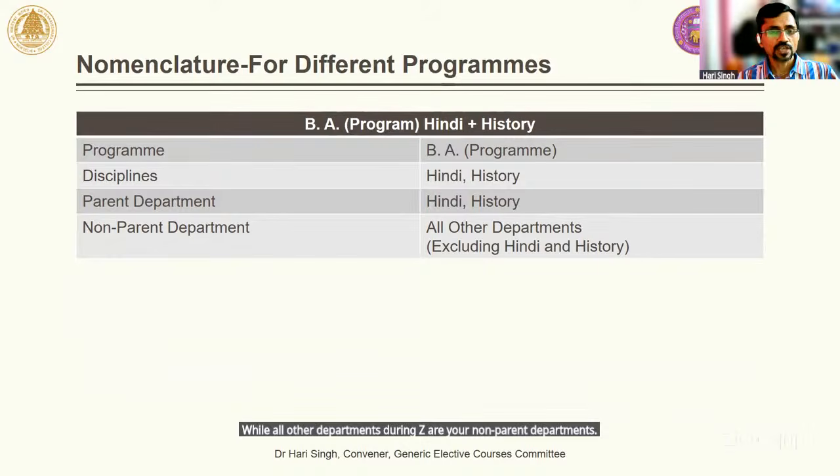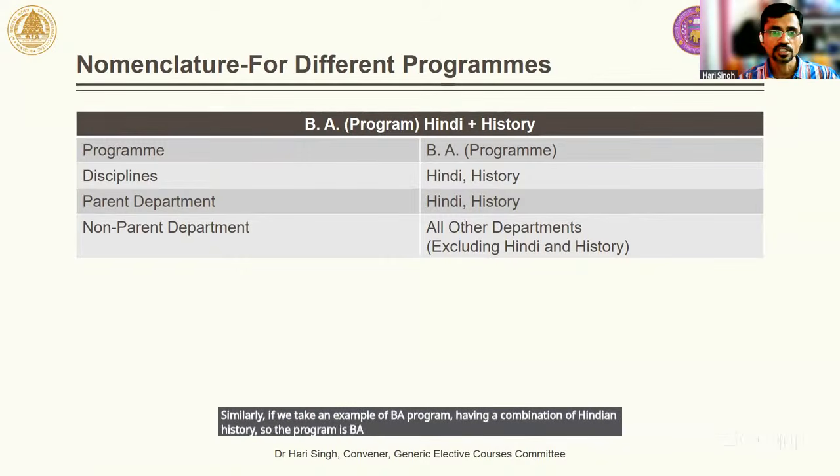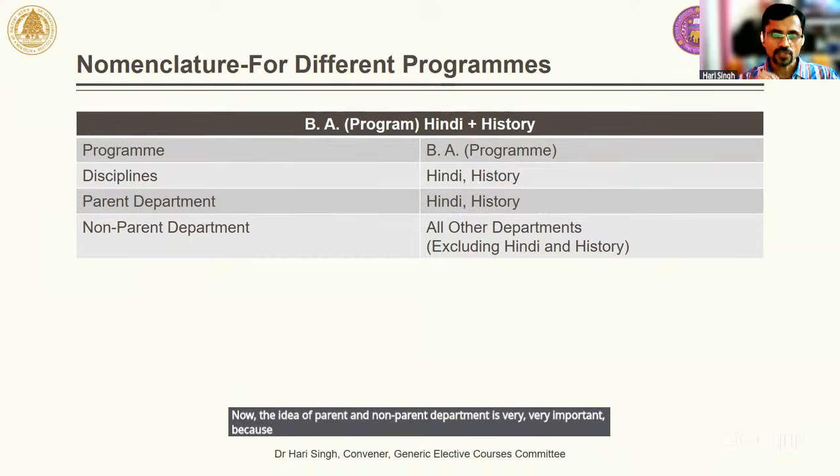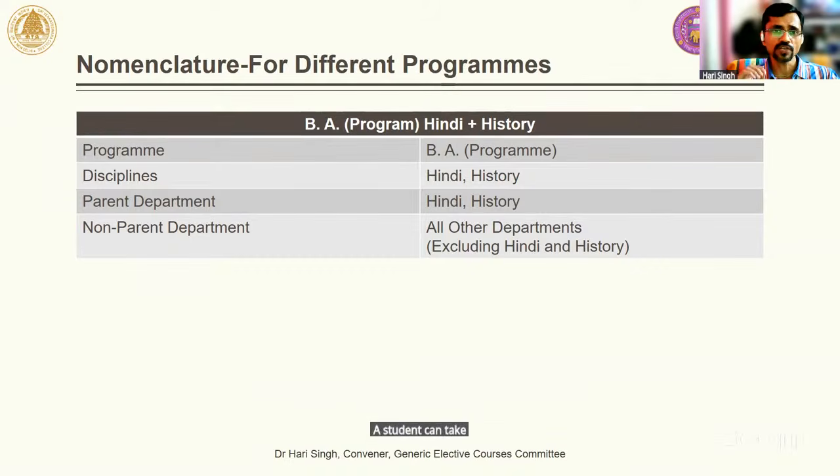Similarly, for a BA program with a combination of Hindi and History, both departments are parent departments, and all others are non-parent departments. The idea of parent and non-parent department is very important because a student can take the elective only from the non-parent department.